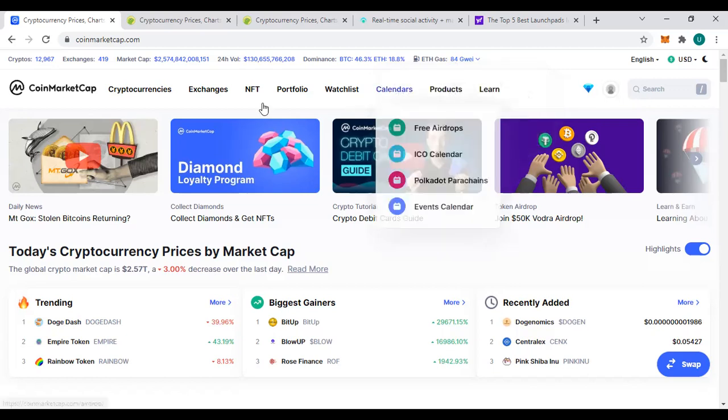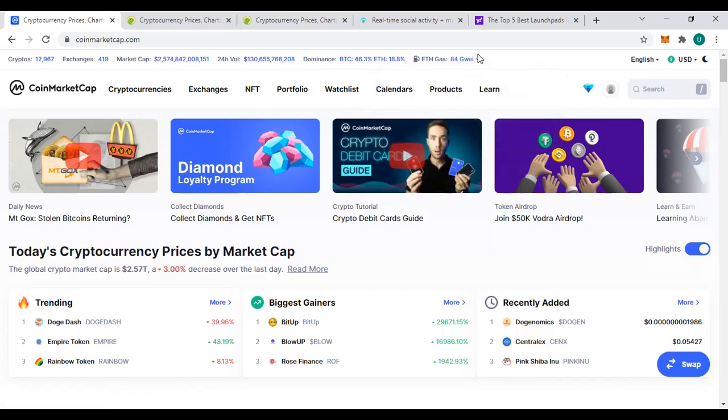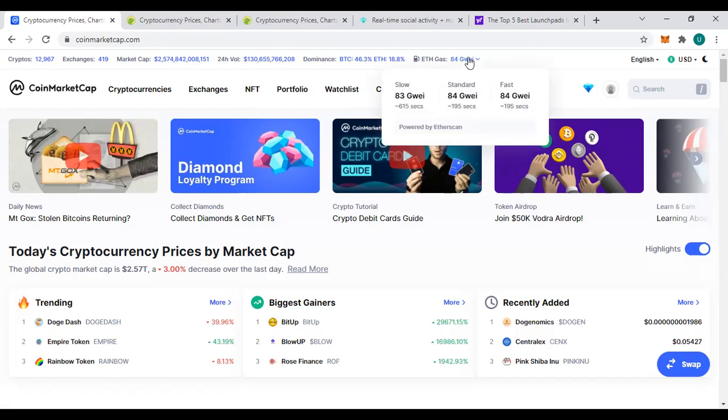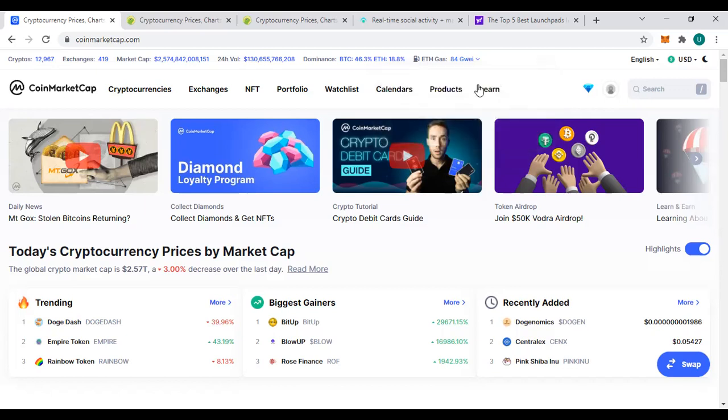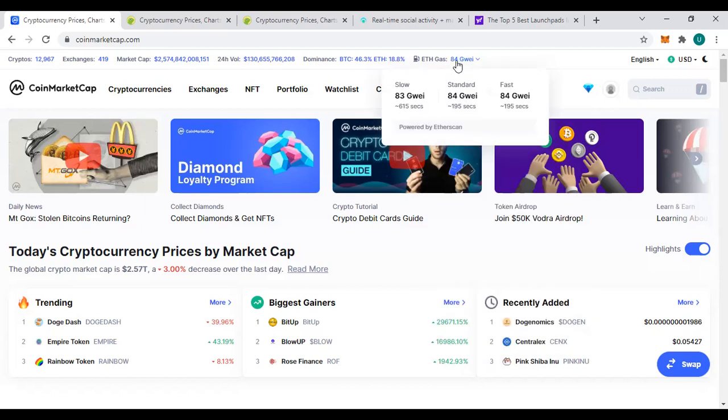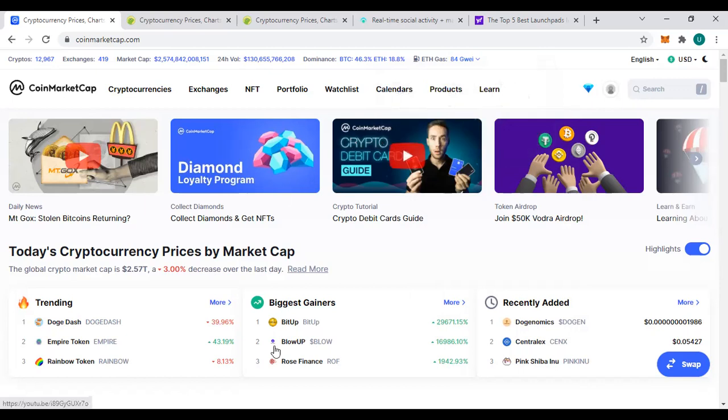So this is the gas fee for low priority. If you are using high priority, you pay that other amount as well. You pay this for low priority, and for standard and fast you pay the other one. I think fast and standard are almost the same thing, right?